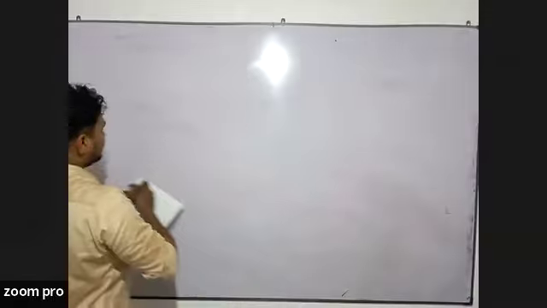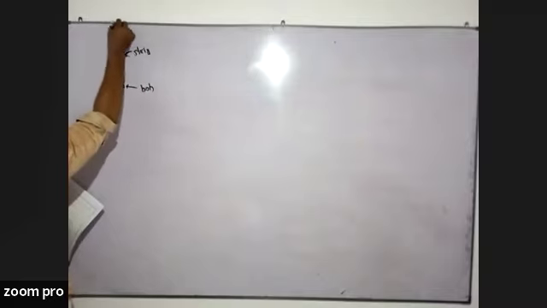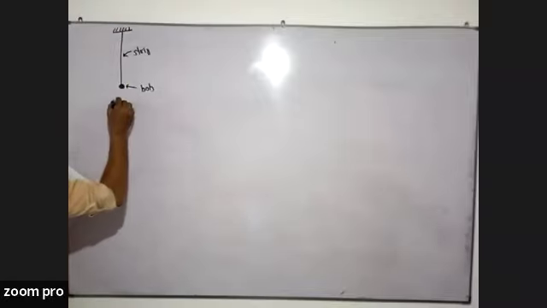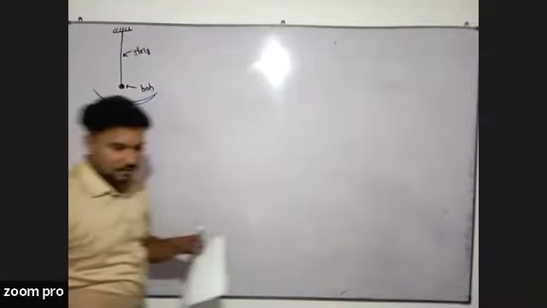Guys, first of all, let me tell you what is the meaning of simple pendulum, right? So this is the simple pendulum. Now, this is called the bob, or it is an object. This is the string, right? So this string is attached to a particular surface and this bob is allowed to move in this kind of motion, right?